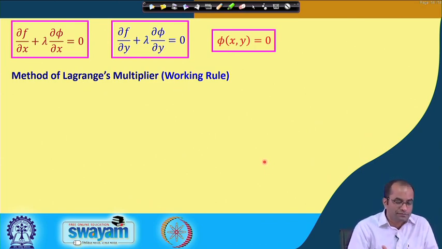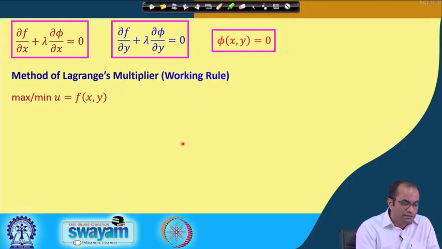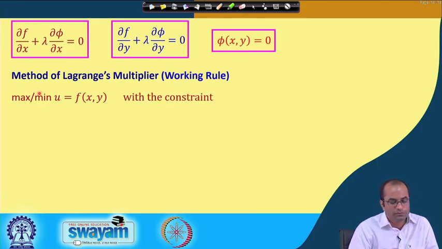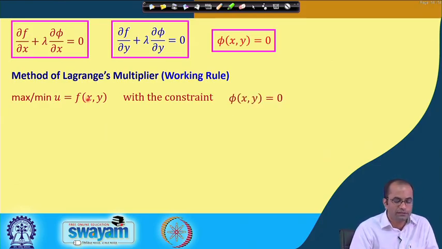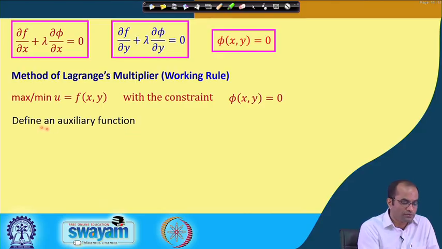So, what is the method of the Lagrange multiplier which we have just discussed? There is a way to remember easily how to set up these equations. We have just seen a bit long derivation, but now we will write it down in a more precise form which is very easy to remember and shows how to get these equations directly. We have the problem that we want to minimize or maximize u is equal to f x y under the condition that x y satisfies this relation, and we just define an auxiliary function.